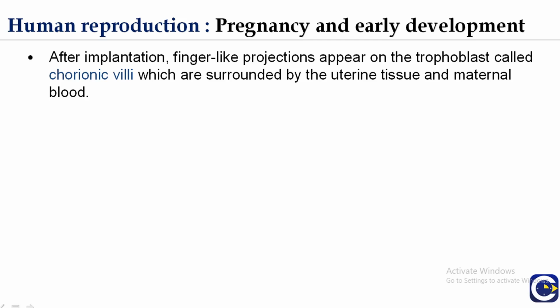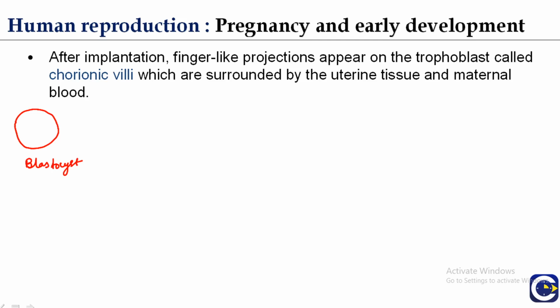So, just a brief of the previous topic. We have gone through till the implantation process. The trophoblast was formed and there was the formation of blastocyst, the zygote that changes into the morula, and from the morula it changes into the gastrula.